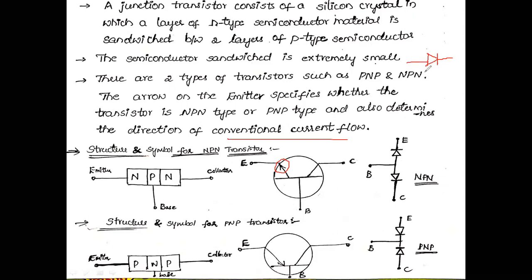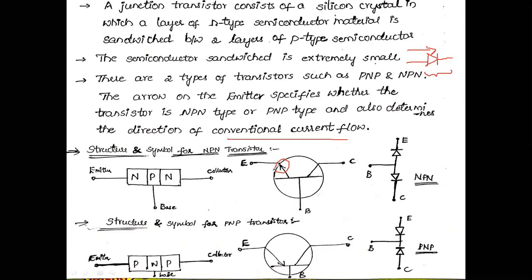We have the diode, and we said at first that the diode arrowhead indicates the conventional current flow. That is the opposite of electron flow. Similarly, here this arrowhead also represents the direction of conventional current flow.